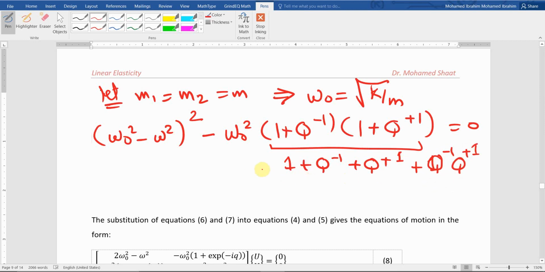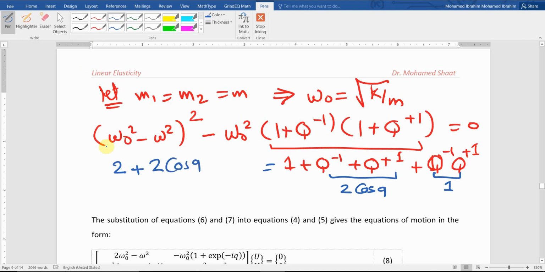If we collect this term, this gives us 1 plus 1, so this is going to give us 2. And we demonstrated earlier that q negative 1 plus q positive 1 gives us 2 cosine q, as we did with the monatomic lattice.